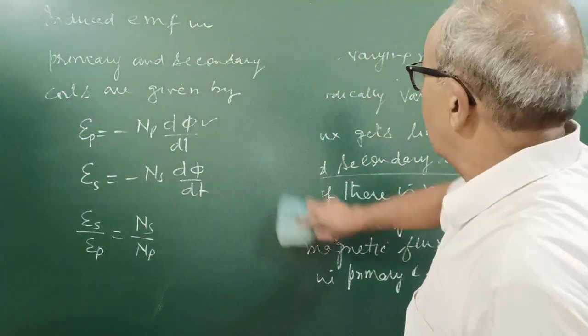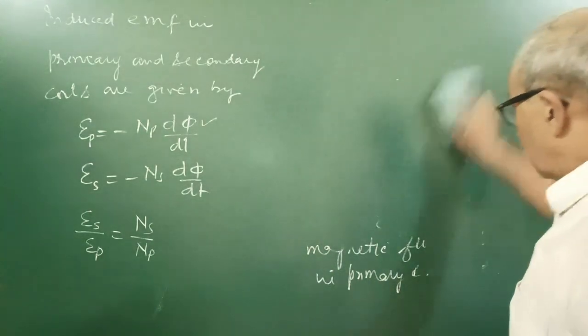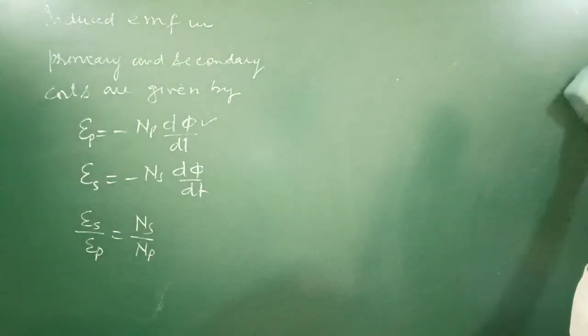Now, like cells, the coils are made of copper wire. Every copper wire has resistance.